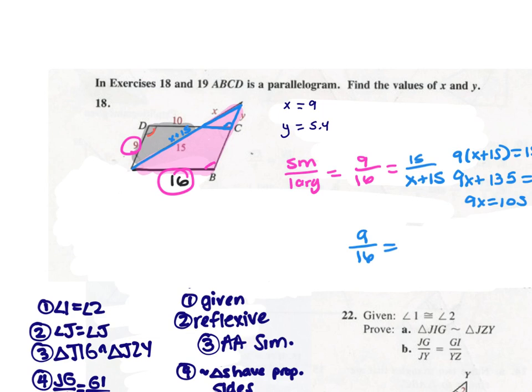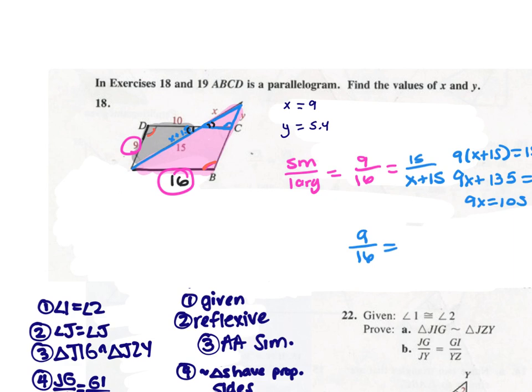So this is congruent to, where's that other angle? This one. This would be congruent to this one. Okay, so you can use that top angle too.